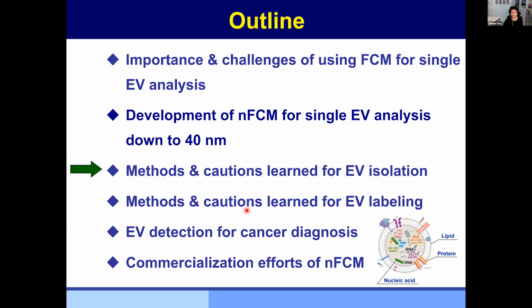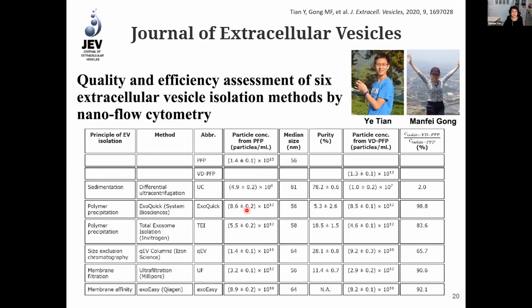So what can we learn for EV isolation? We used the Nano-flow cytometer to quantify the quality and the efficiency of 6 extracellular vesicle isolation methods, 5 commercial kits, and compared the performance with classical ultracentrifugation, by measuring the particle concentration, size distribution, purity, and also the surface proteins.